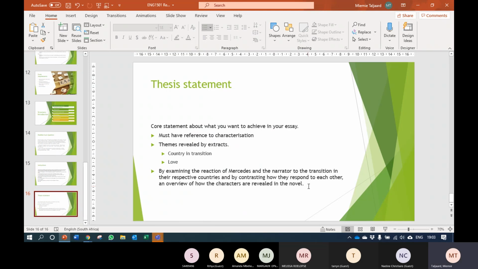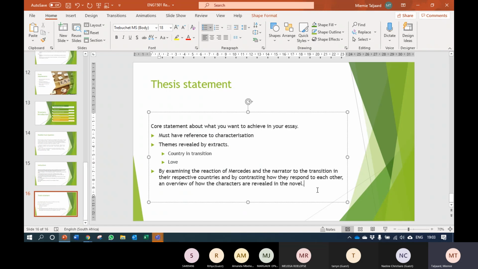And then when we contextualize it, it's very easy to contextualize it. I'll again write it on the slide.